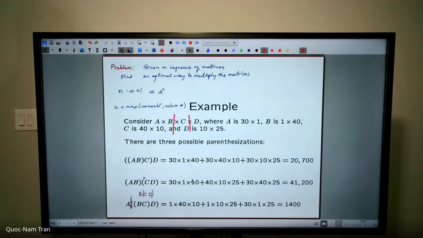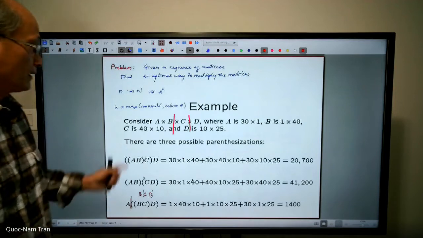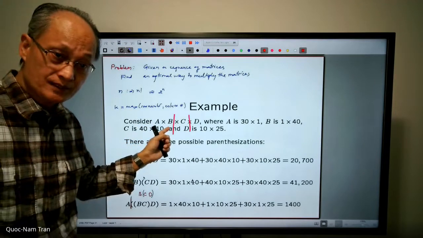For example, here we have another set of matrices.